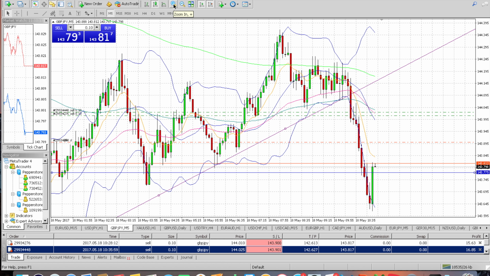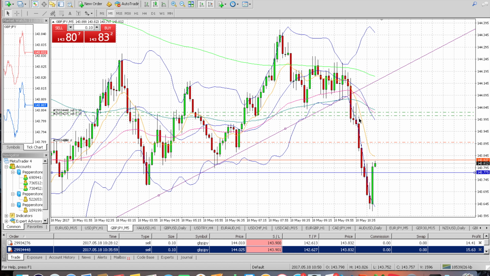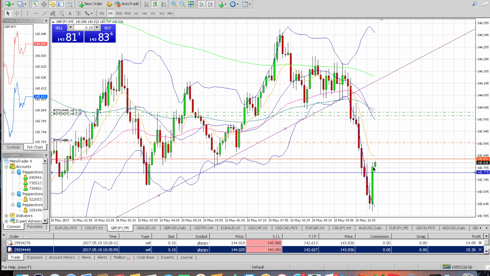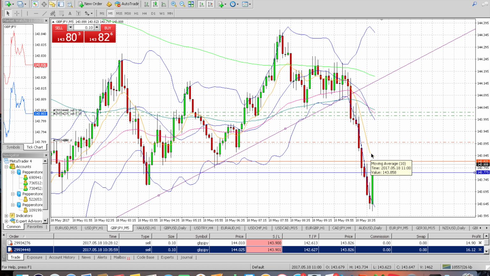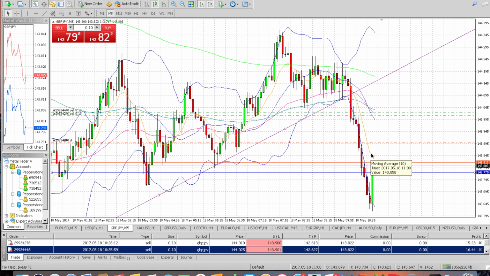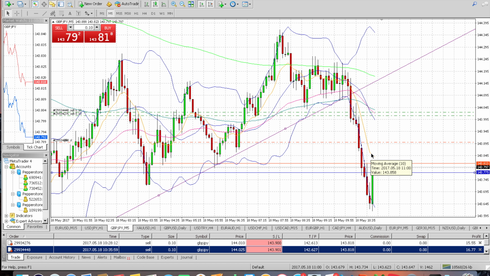So for everybody who missed this breakout, it might be a good option to wait until price reaches back until the moving average 10 at the special time frame you want to trade, and then go short at this level, or not exactly at this level, but a bit below or a bit above, depending on the trend.